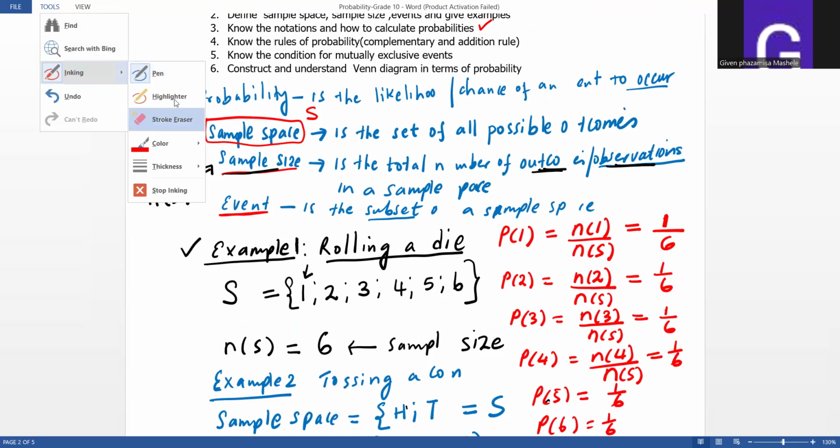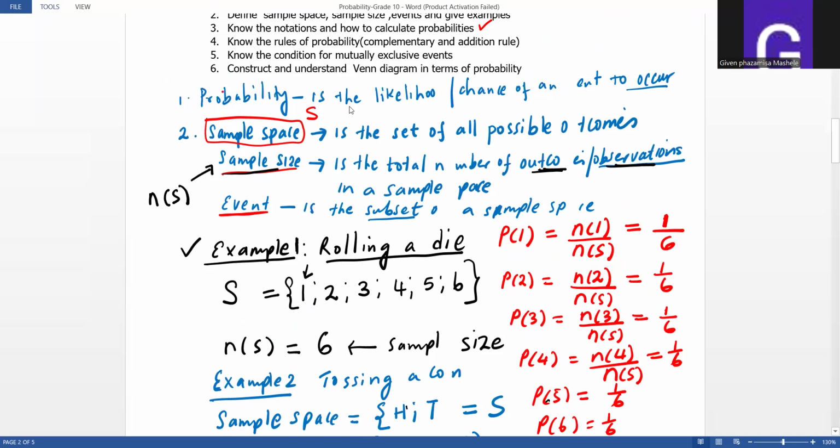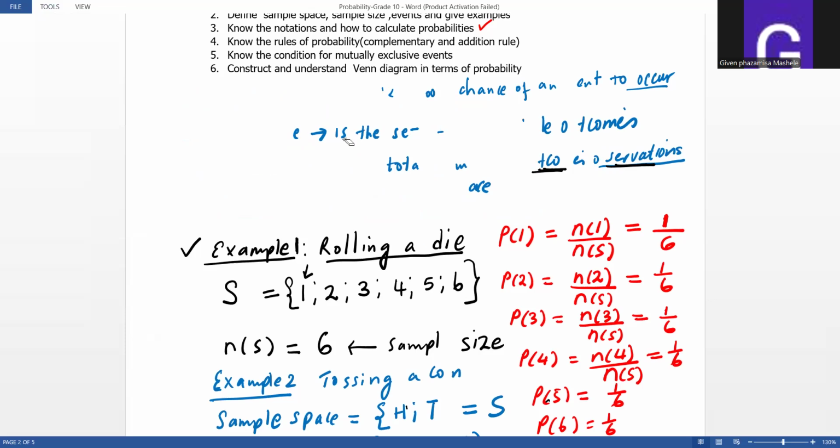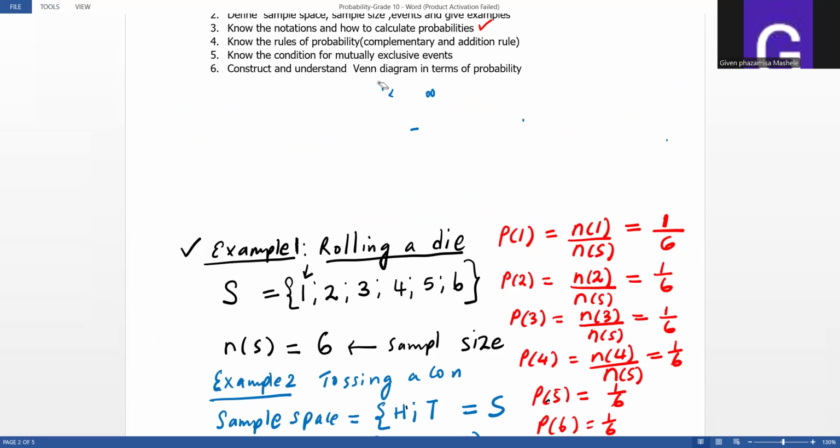So we want to talk about even numbers here. What would be the answer? What is the probability of a die landing on an even number?